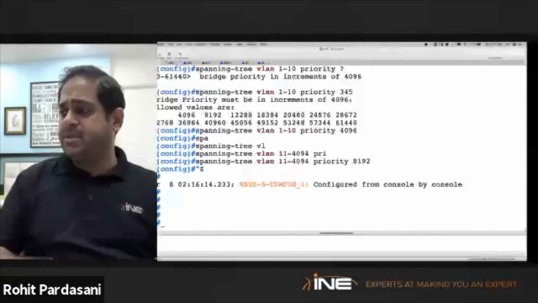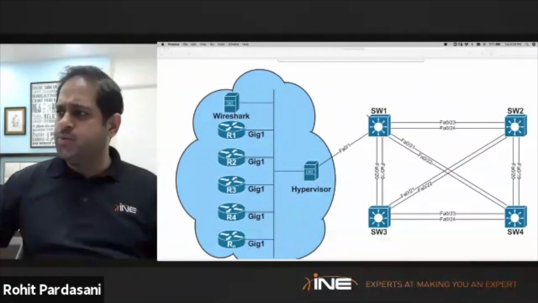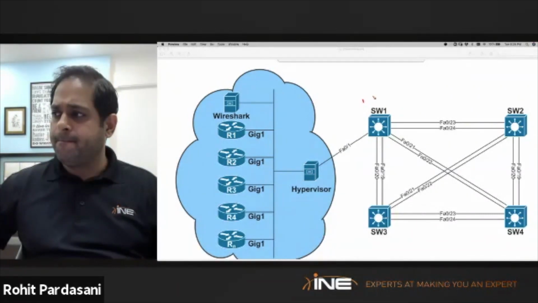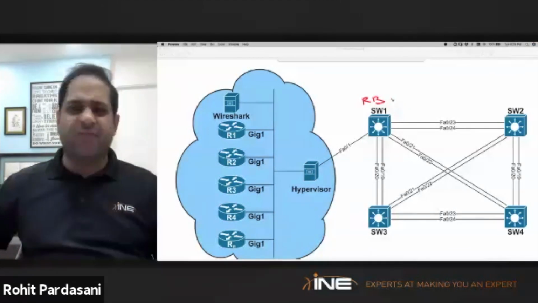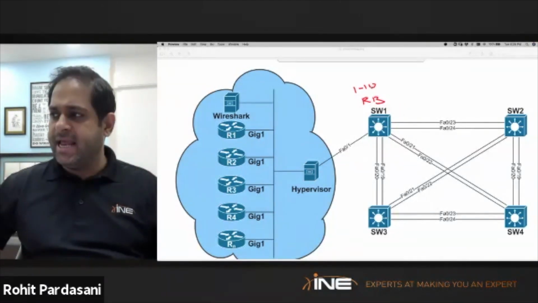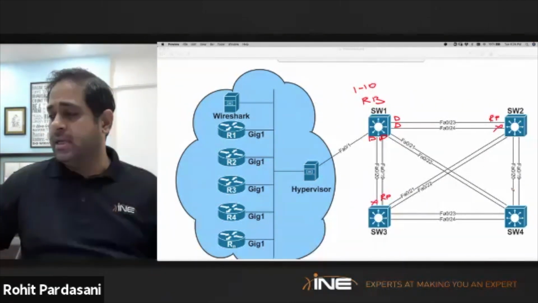So based on this, what I've done is I have made switch 1 the root bridge. So here is the root bridge for VLAN 1 to 10. And so basically this would be designated. And here 19 would be the root port, this would be blocked. Here 23 would be the root port, this would be blocked.